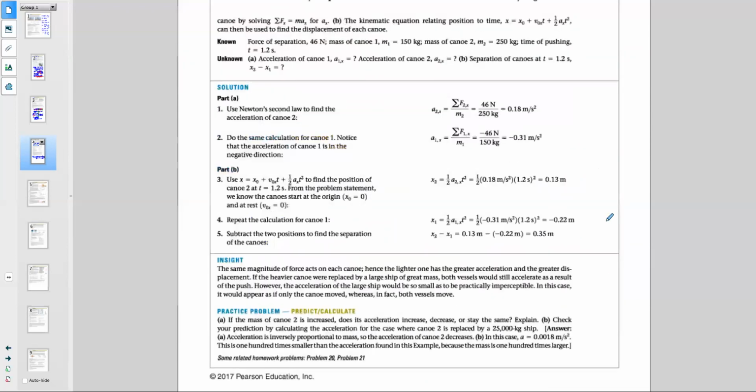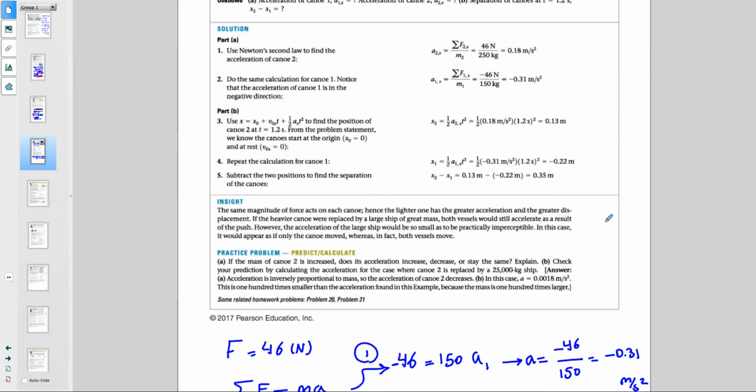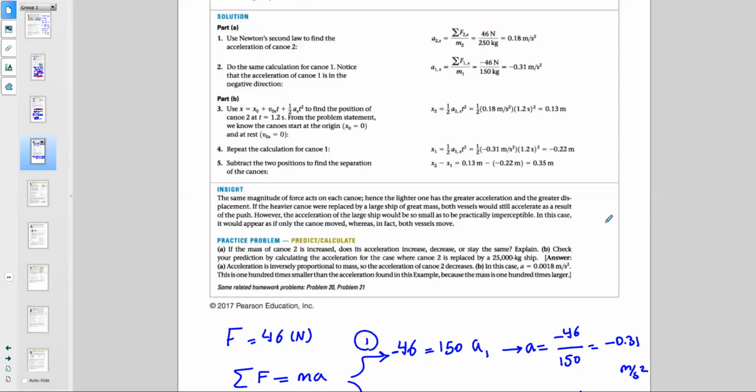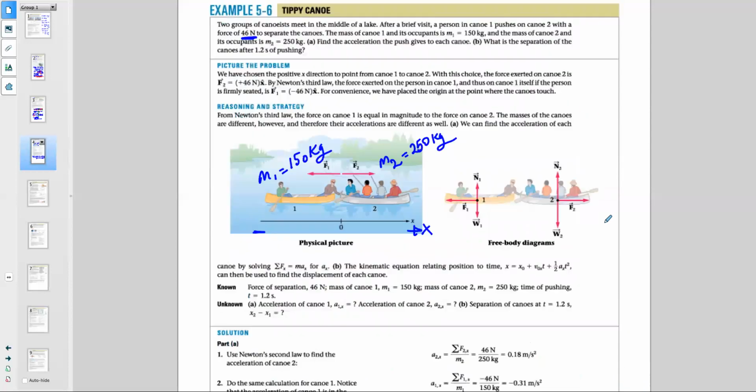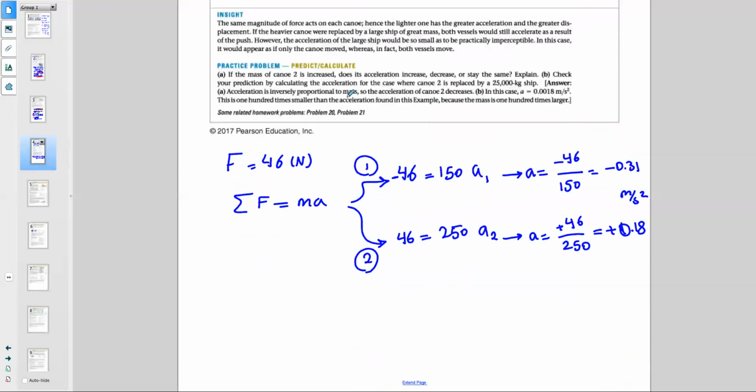So we know that, and it has a motion. One of them is going to the left, the other one's going to the right. It asks, after 1.2 seconds of pushing, how far apart they are. In other words, let's find x1, which is half a t squared plus v0 t, and v0 t is 0.